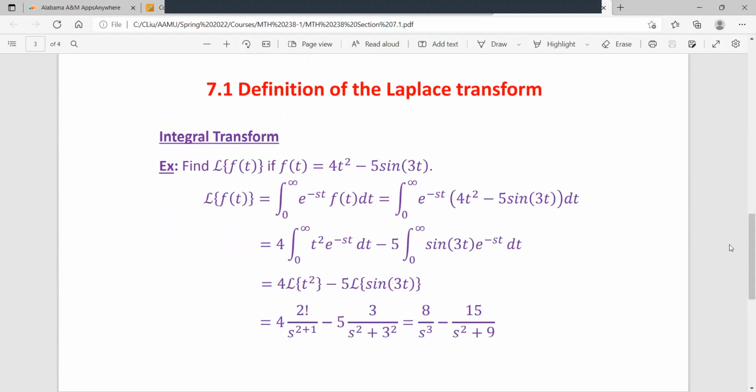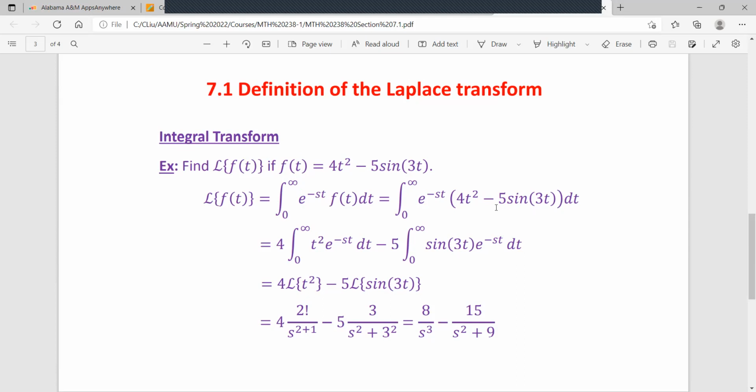So let's do one example using the results we already had. Let's find the Laplace transform of a function f, where f is equal to 4t squared minus 5 sine 3t. According to the definition, you integrate e to the negative st times f of t from 0 to infinity, so that's e to the negative st times 4t squared minus 5 sine 3t.